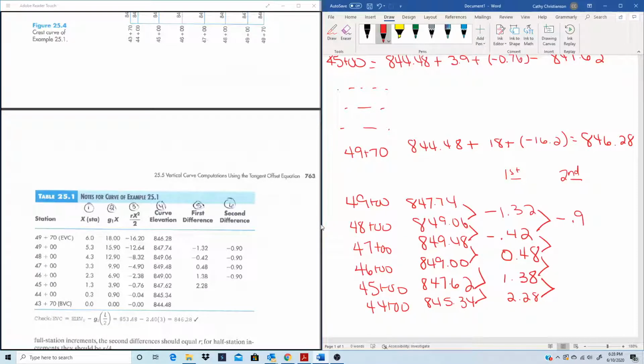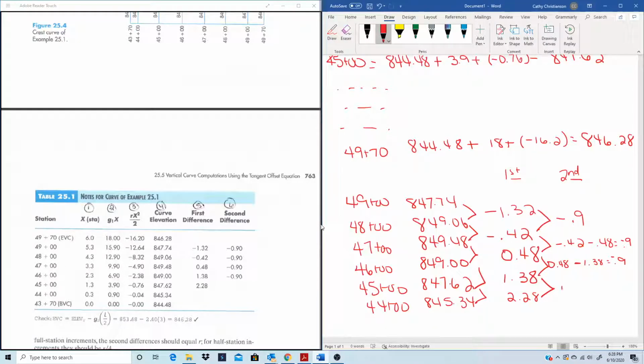Now the second difference for this one would be a negative 0.42 minus a 0.48, and again, you're going to get a negative 0.9. For this one, it's 0.48 minus a 1.38, which gives you a negative 0.9.